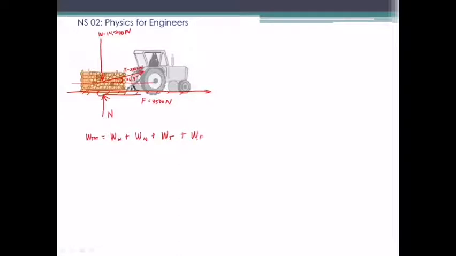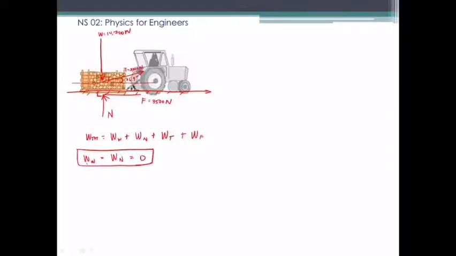We must get the individual work first, then get the sum. For the weight, since it is perpendicular, the work is 0. Also, the work due to the normal force, since it is perpendicular to the surface, is 0.